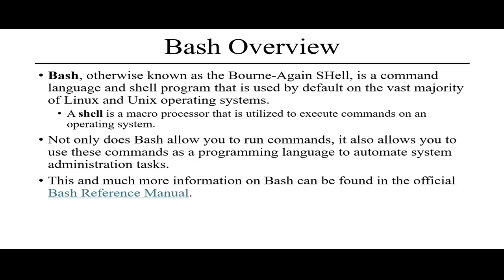So it's important to note that when I'm talking about Bash, it's not just a terminal, but it can also refer to a system programming language for Linux. I've attached a Bash reference manual here, with pretty in-depth information on Bash. You don't really need to know everything here for this class, but if you want to learn more, I provided it for your reference.